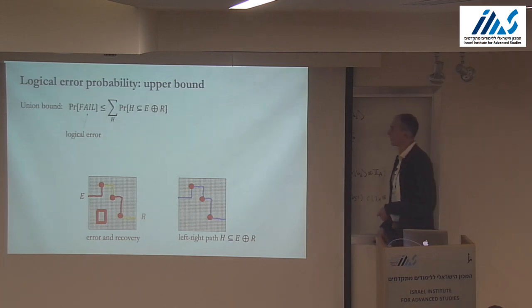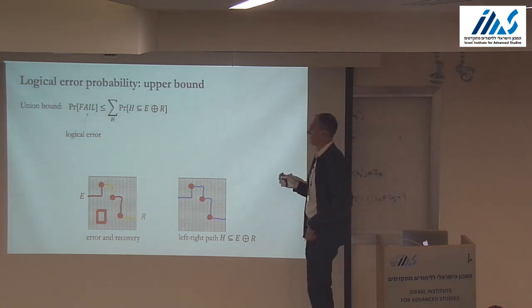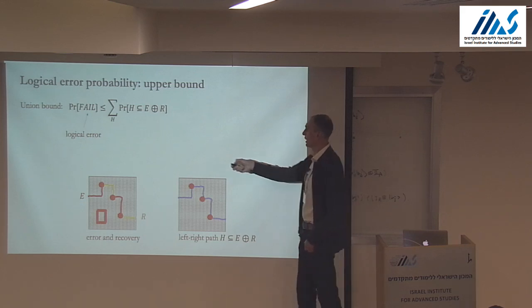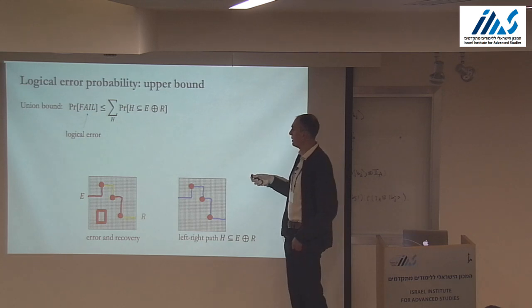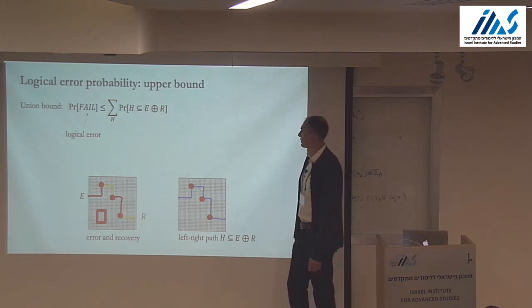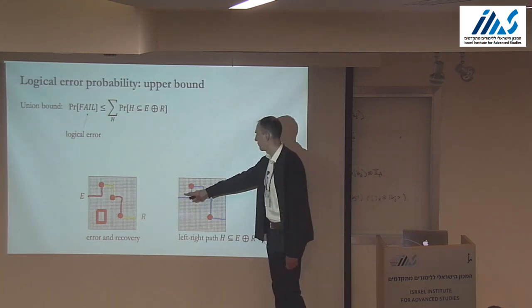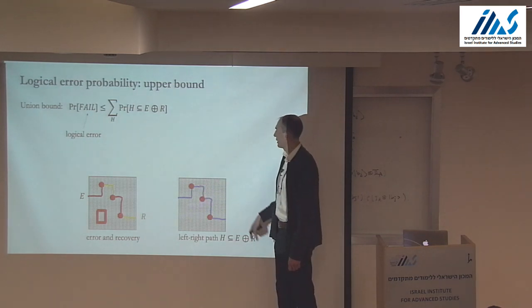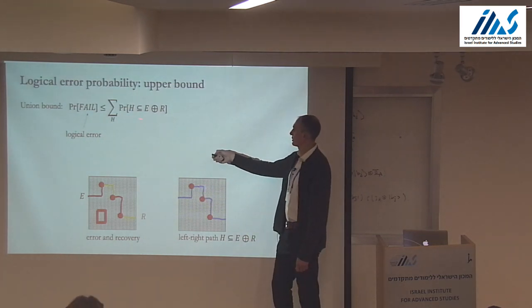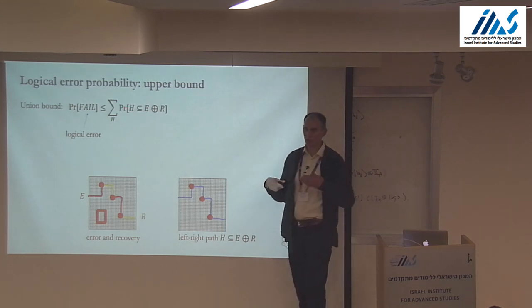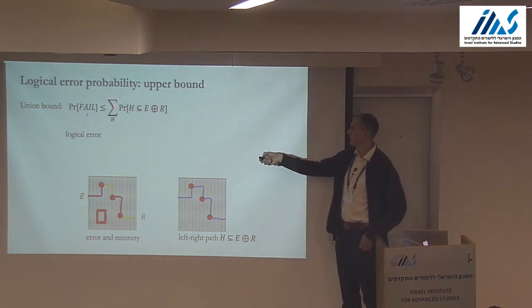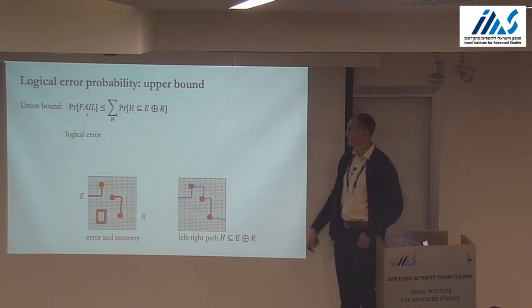By the union bound, we can bound the probability of logical error by this sum. Each term corresponds to some path connecting the left and right boundary, and we compute the probability that this path is contained in this combination of error and recovery.